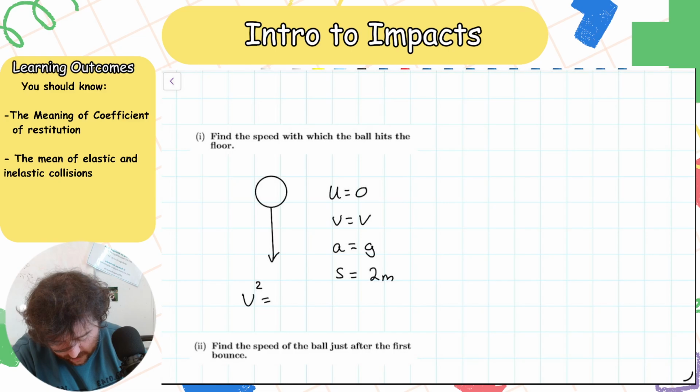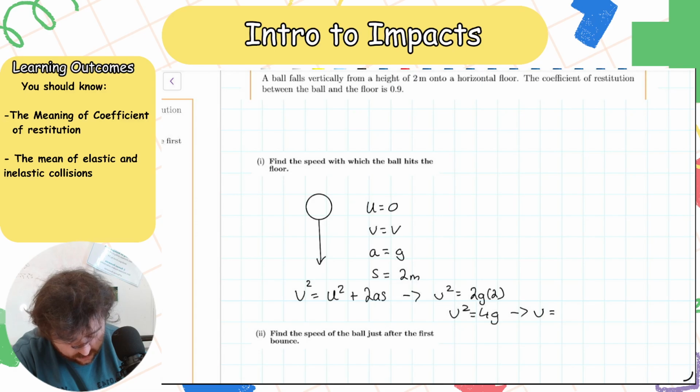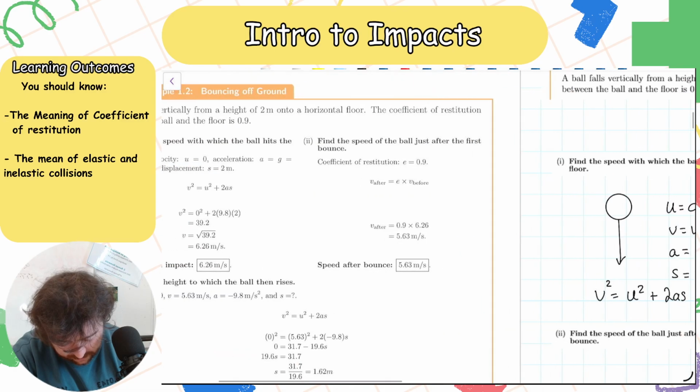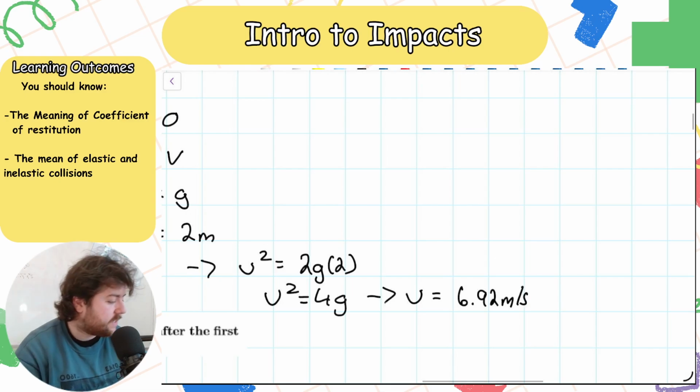So V squared equals U squared plus 2as. V squared is equal to 2g times 2. V squared is equal to 4g. V is equal to the square root of 4g, which is equal to 6.92 meters per second.